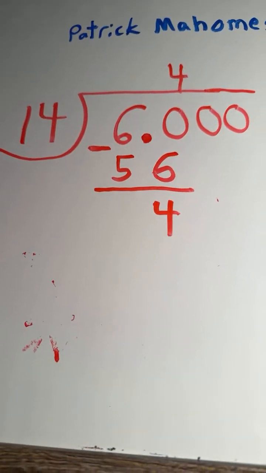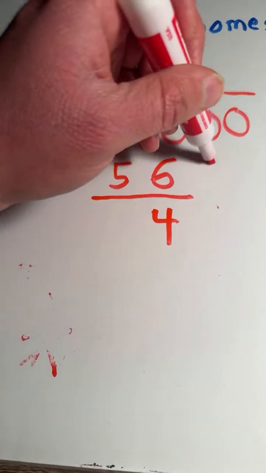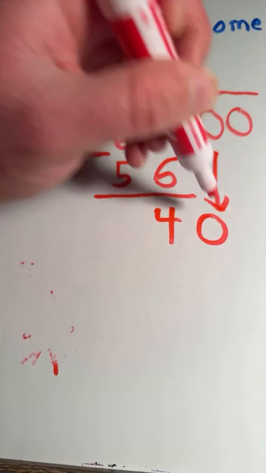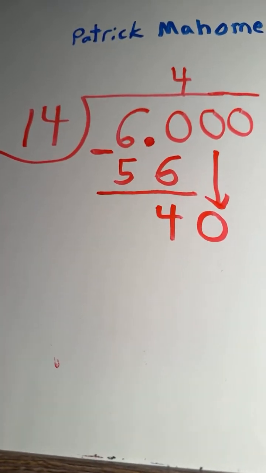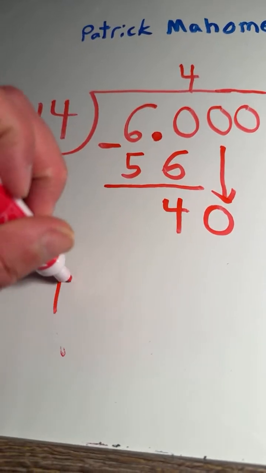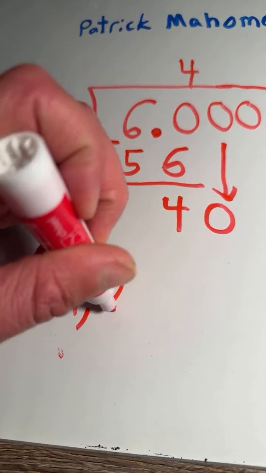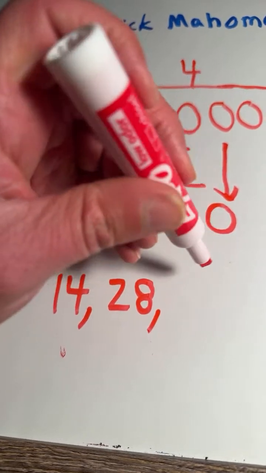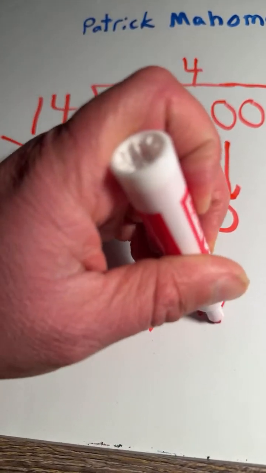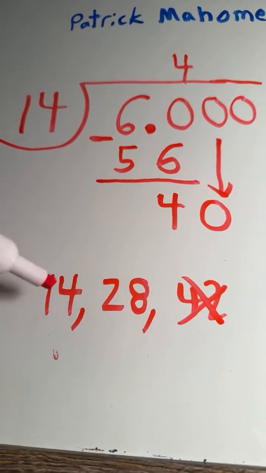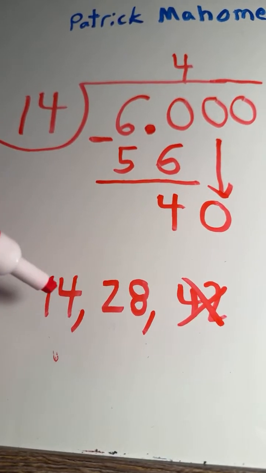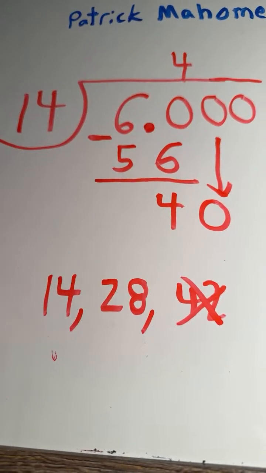Next, we bring down the 0. That 4 becomes a 40. Now we got to figure out how many groups of 14 go into 40. So here we go, counting by 14s again. 14, 28. Now if I count by 14 a third time, I'll be too far, right? 42 is too far. That's beyond 40. But I was able to get 2 full groups of 14 within 40.